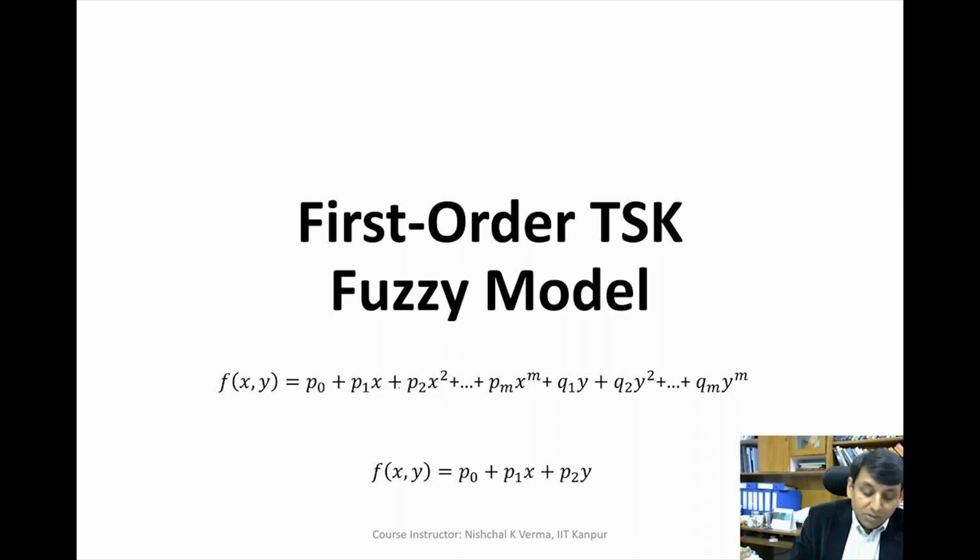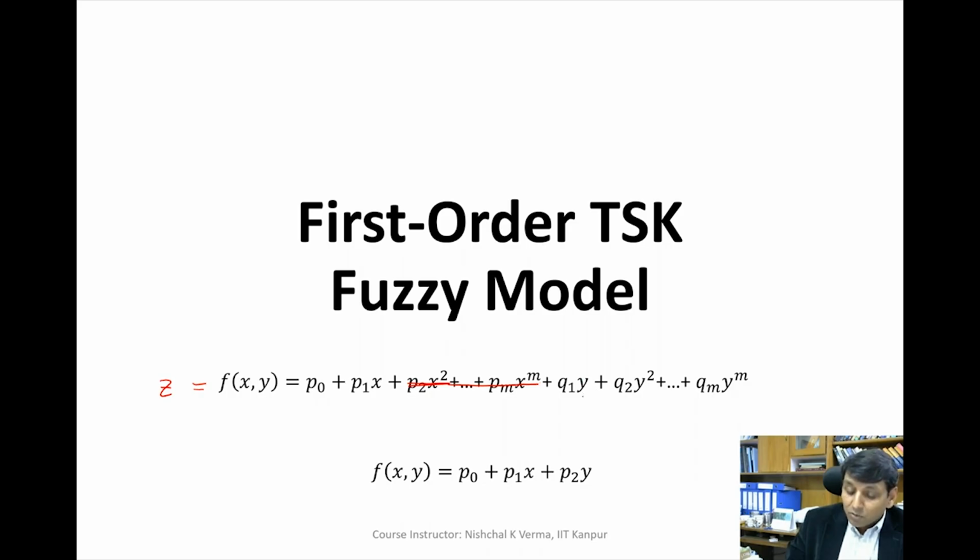So this means the output of each rule will be of this form only. P0, the constant, can be there, and then P1x. This P2x cannot be there. Similarly, no higher terms can be there. Higher terms of the input generic variables are not there.